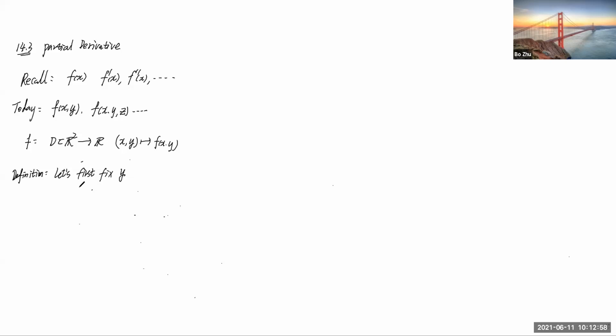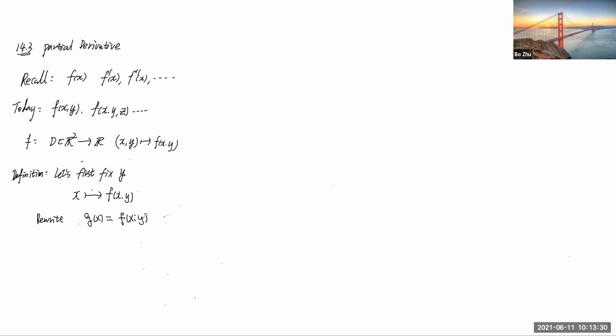And then after y is fixed, you can think of your function as a function of one variable because y is fixed. Or you can rewrite it as g(x) is f(x, y). So you have to keep in mind that y is fixed.